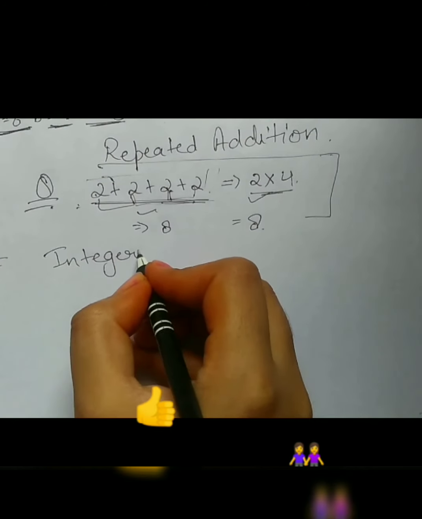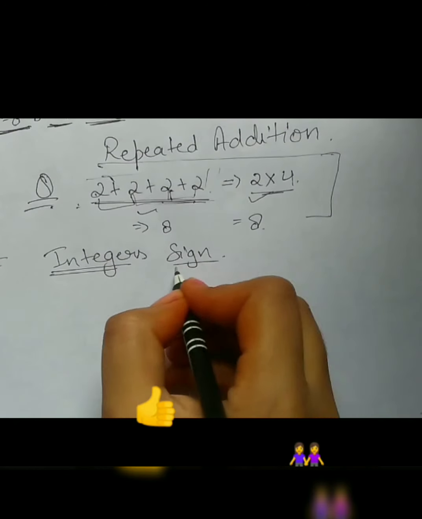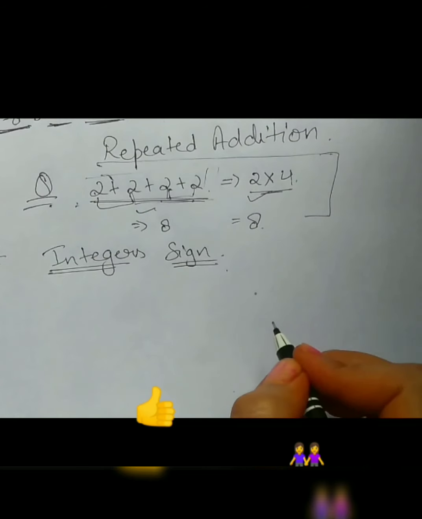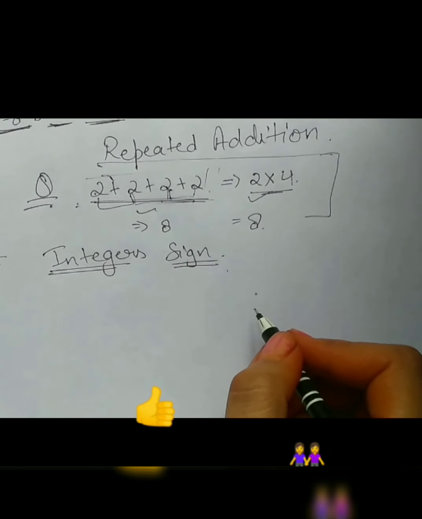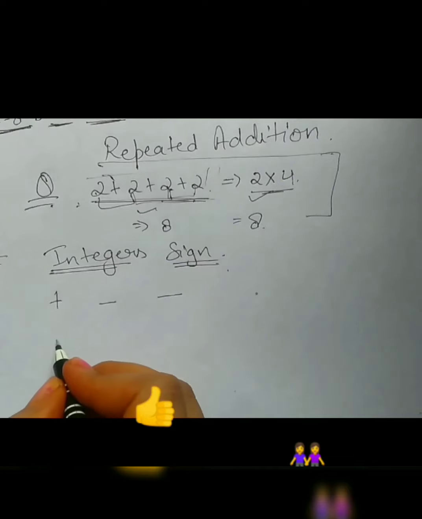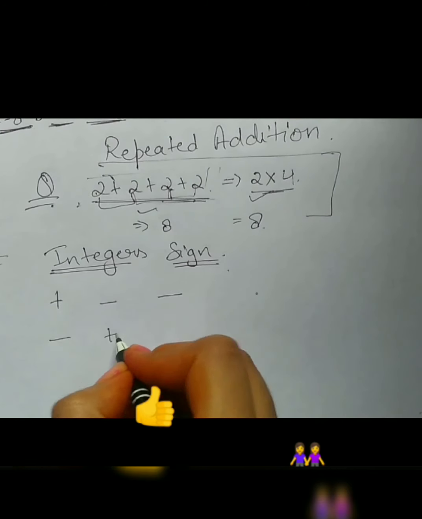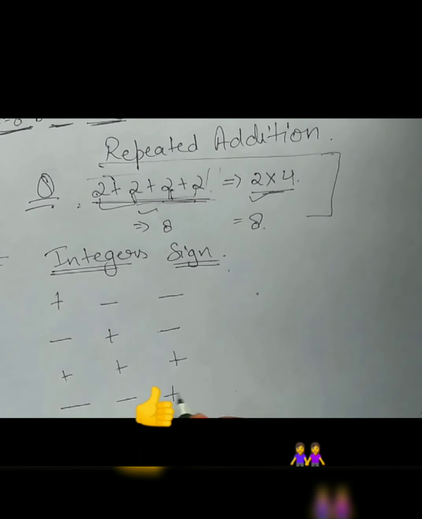Just now we discussed that in addition and subtraction, the sign of the final answer depends on the greater value in the question. Now let us see here: plus, minus, minus, minus, plus, minus, plus, plus, plus, minus, minus, plus.